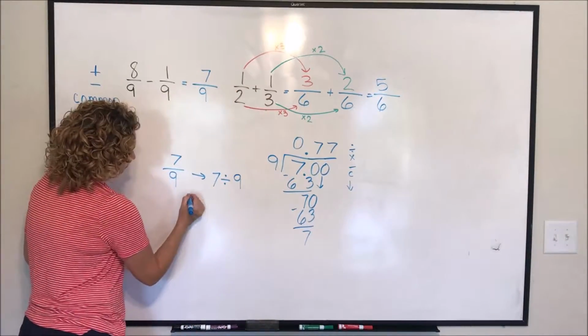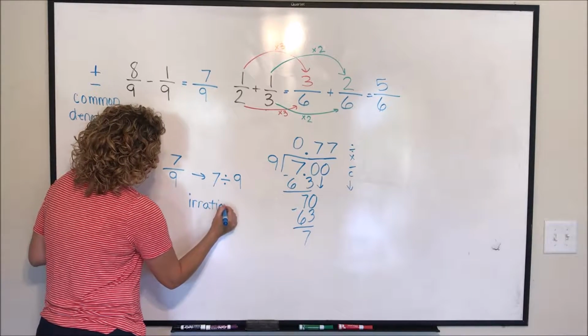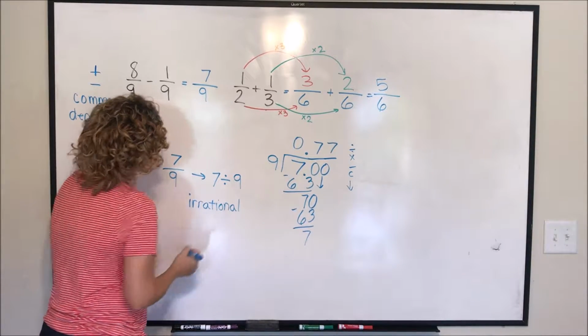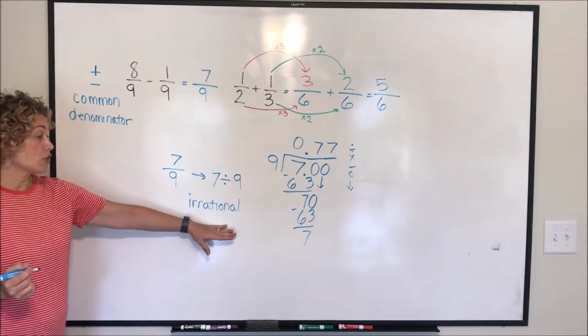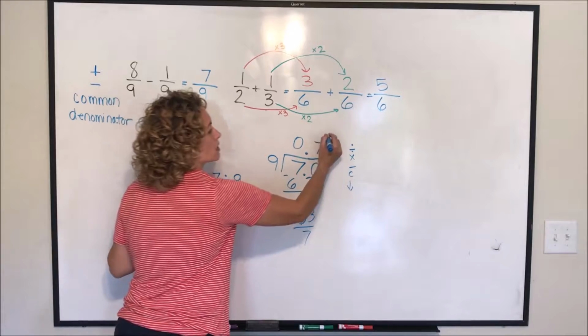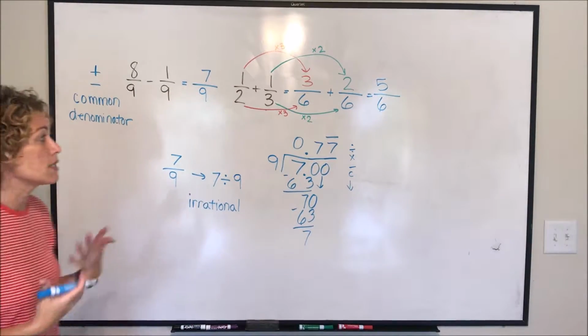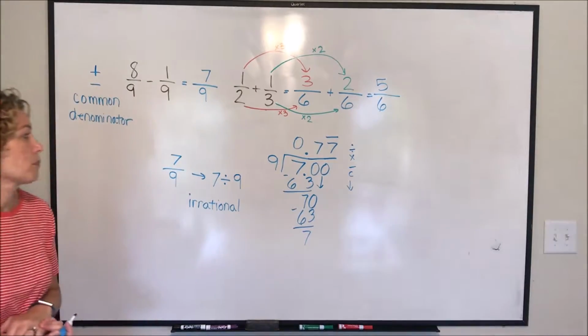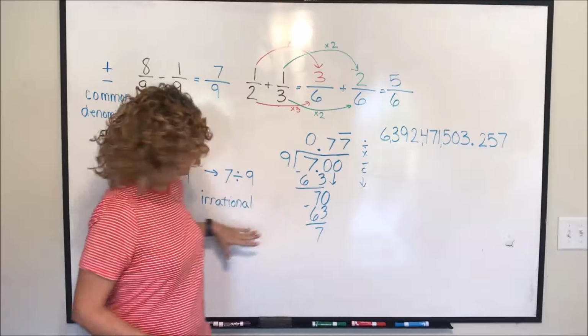So this is irrational. It is one of those fractions or decimals that does not stop. And to show that it is irrational or it continues, we put a bar over the 7 to show that that 7 continues to repeat. So this number is irrational.